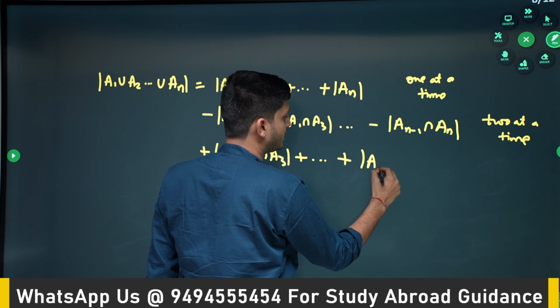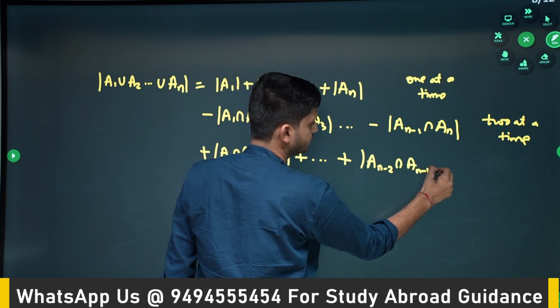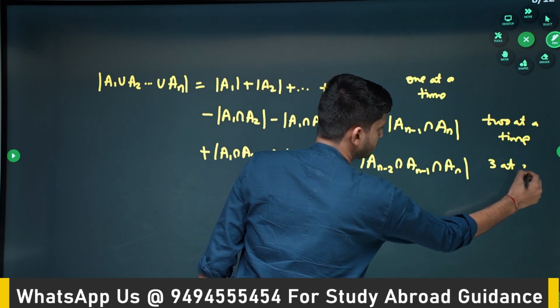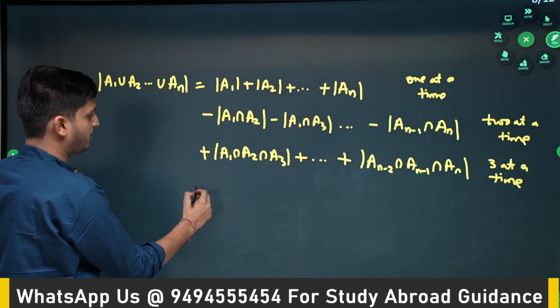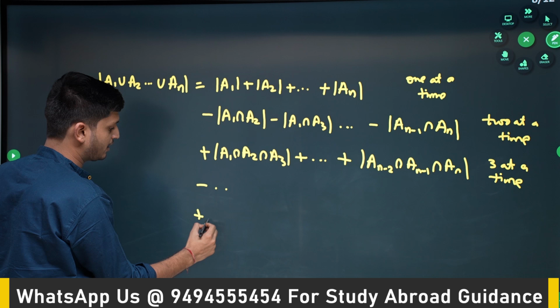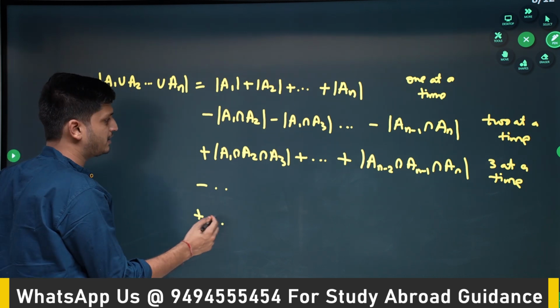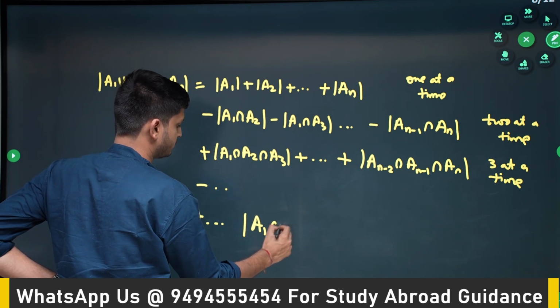We add all the sets taken 3 at a time. Okay, and we keep doing it that way, minus 4 at a time, plus 5 at a time, and so on. And at the end, we will have minus or plus, anything might be there. Then we will have all the elements at once, n at a time.